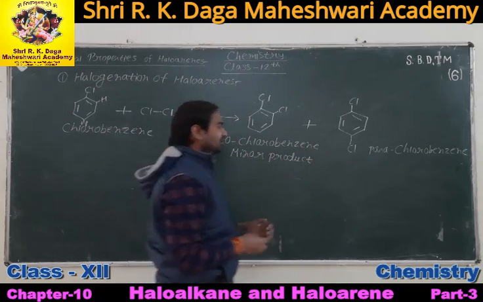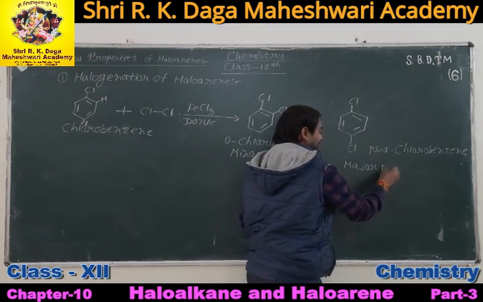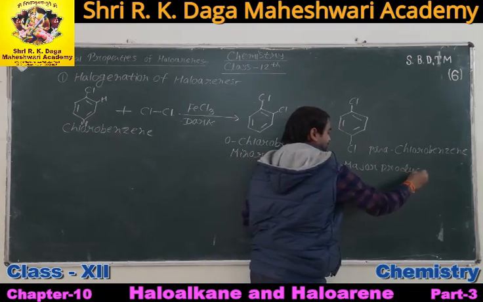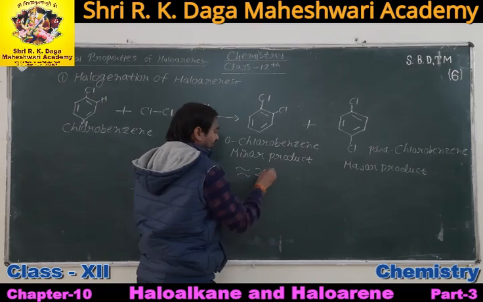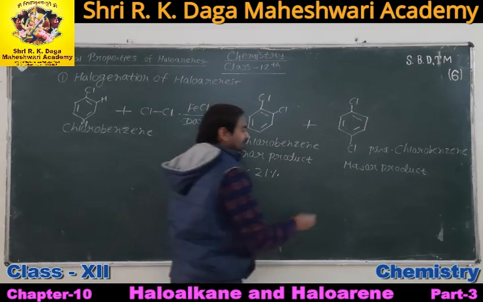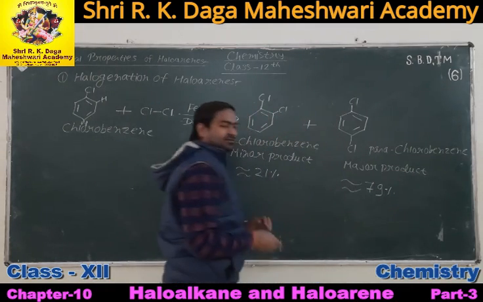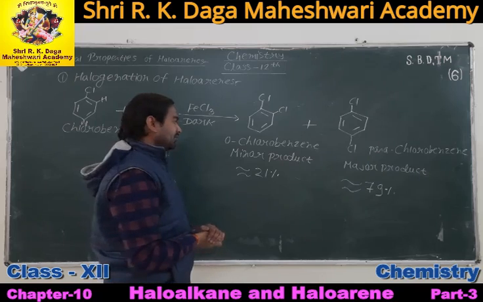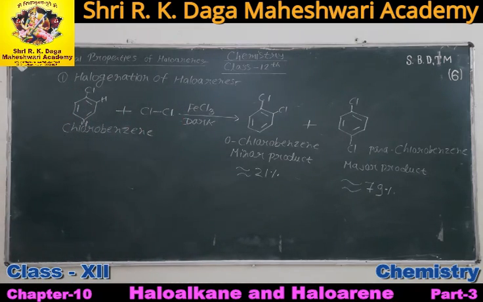And the para is the major product. Approximately 21% minor product is formed, and approximately 79% major product is formed. So this is halogenation of haloarene. Now we are moving towards our next reaction.